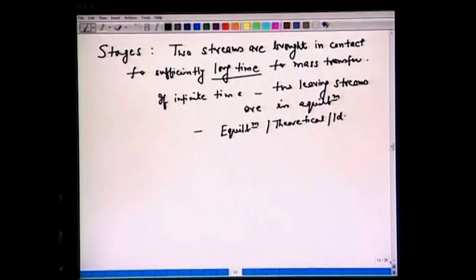So, all it means is the two leaving streams are in equilibrium, and we have given a very long, or infinitely long, time.